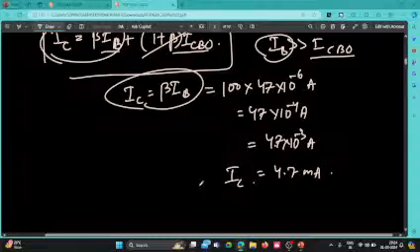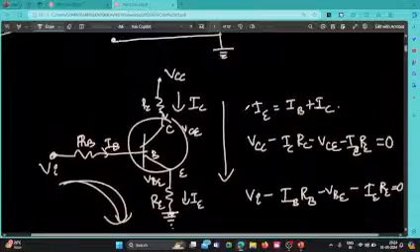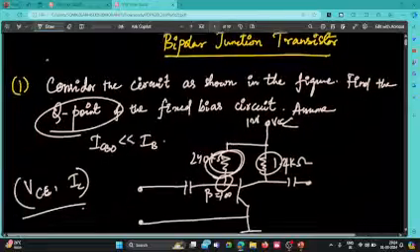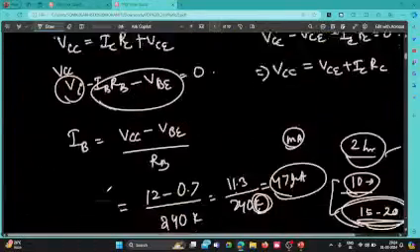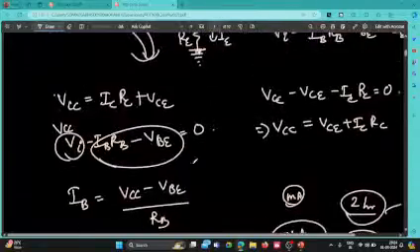Now what do I need? IC is found. What is the question? The question is to find the Q point. Q point in a BJT means you have to find VCE and IC. Now we have found IC. How to calculate VCE? VCE is equal to VCC minus ICRC. We wrote the equation in the beginning.